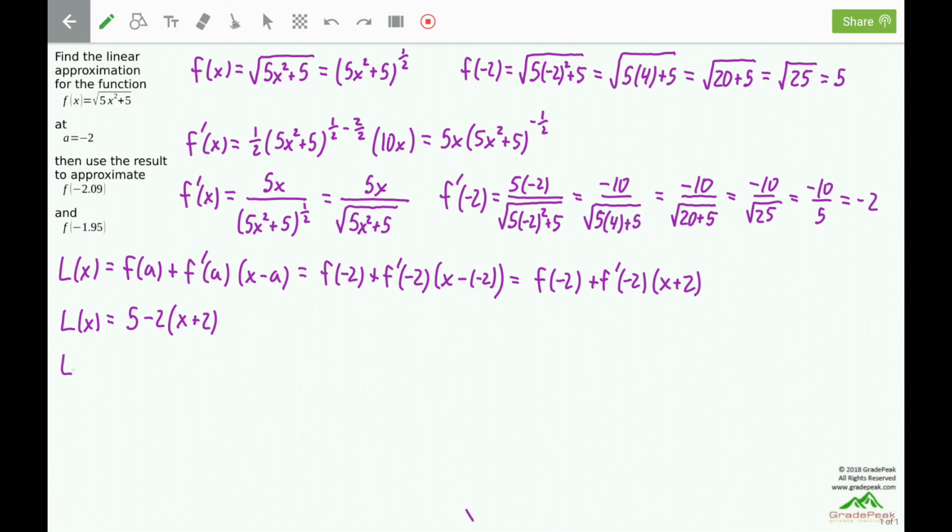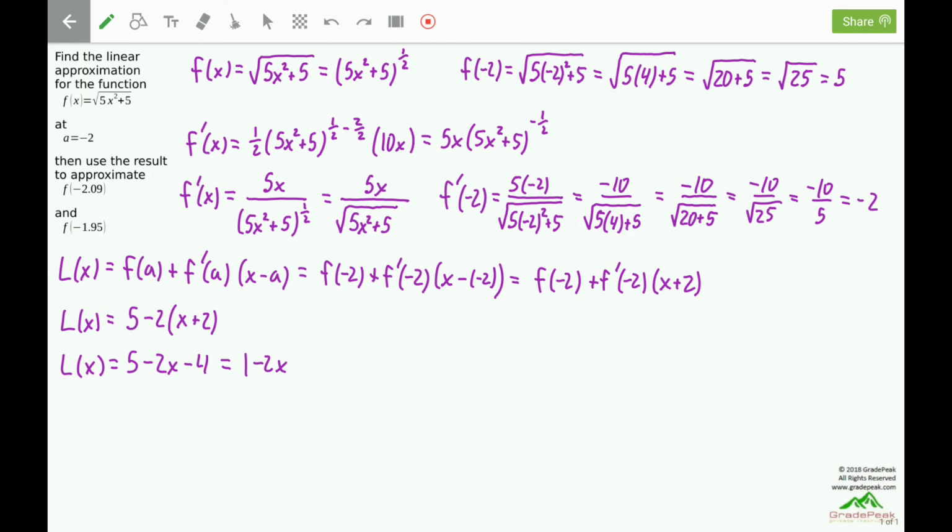This can be simplified by distributing the negative 2 in here, giving 5 minus 2x minus 4. And the constants can be added together, so 5 minus 4 is a 1, and then minus 2x. And there's the linear approximation.